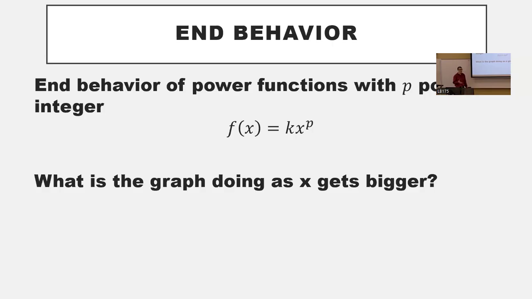Or, if we're moving to the left, what's the graph doing as x gets closer to negative infinity? So moving to the right, we're moving to positive infinity. Moving to the left, we're moving towards negative infinity. You okay with that?